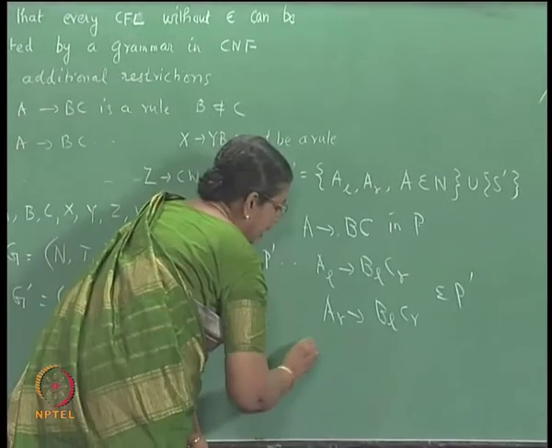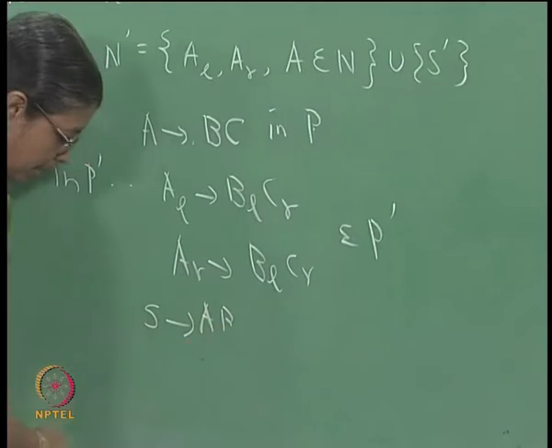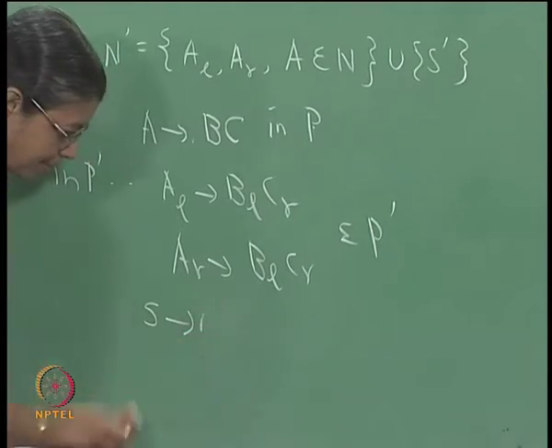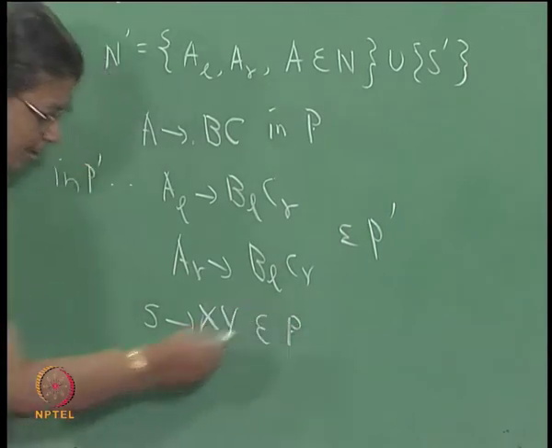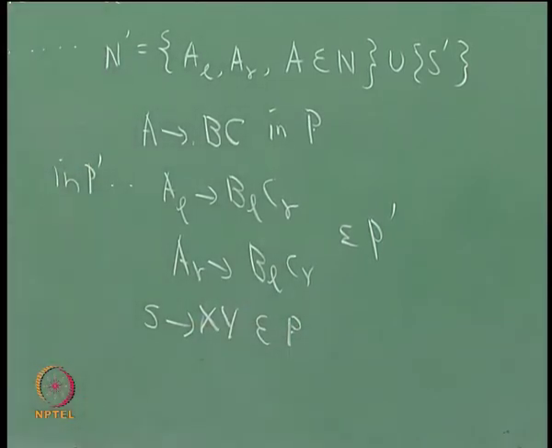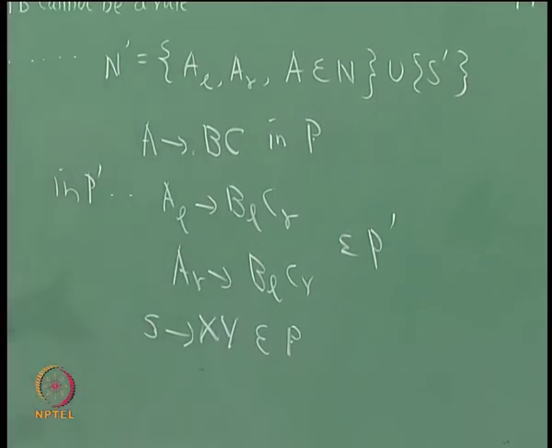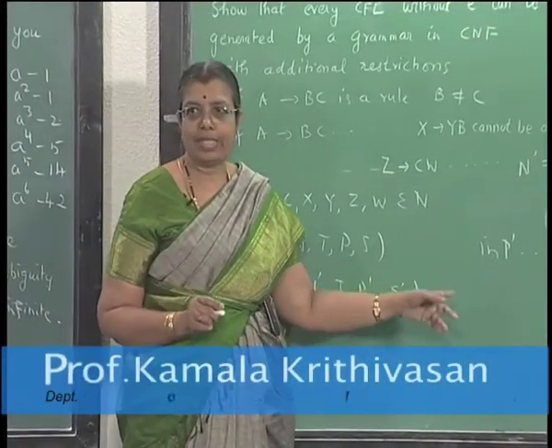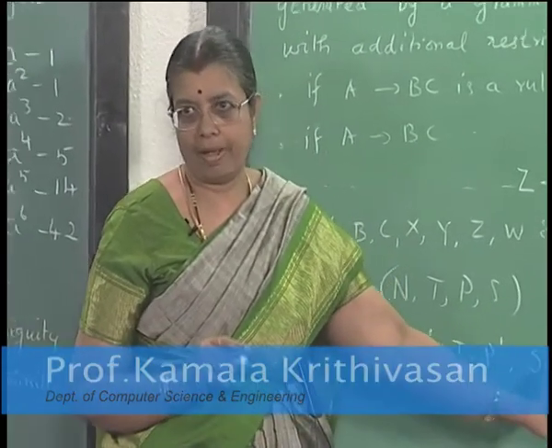And initially, if S goes to XY belongs to P, the start symbol going into something, for this you will have SL goes to XLYR, SR goes to XLYR, 2 rules will be there for that.